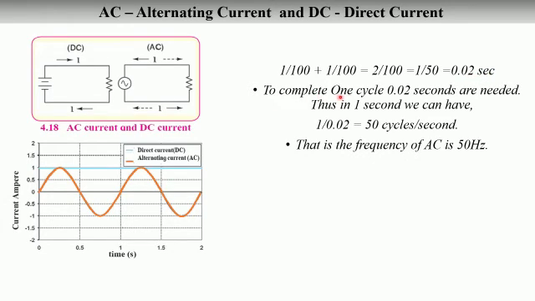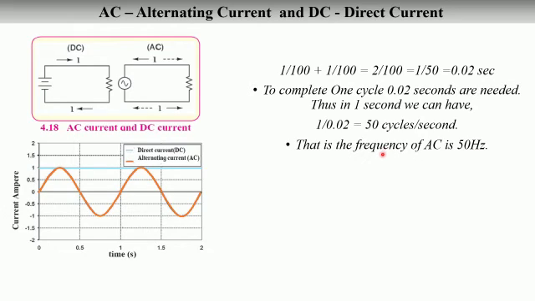So to complete one cycle, 0.02 seconds are needed. Thus in 1 second we can have 1 upon 0.02, that is 50 cycles per second. So we have the frequency of alternating current to be 50 Hertz.